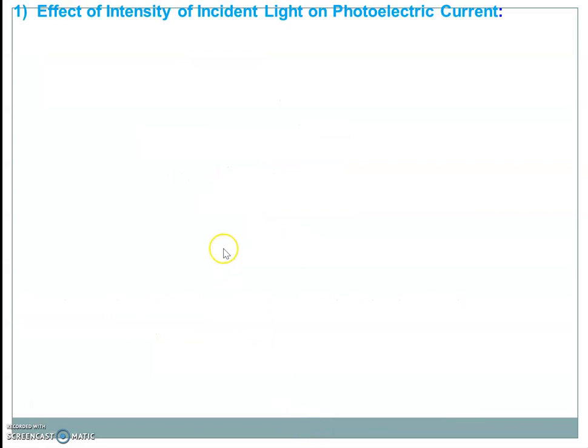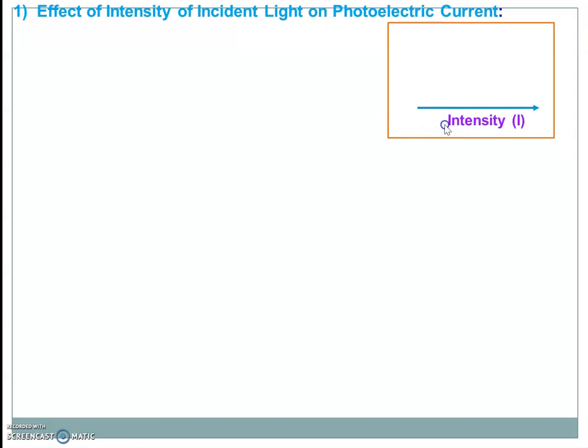Now move to the effect of intensity of incident radiation on photoelectric current. To study this effect, we have to plot a curve.